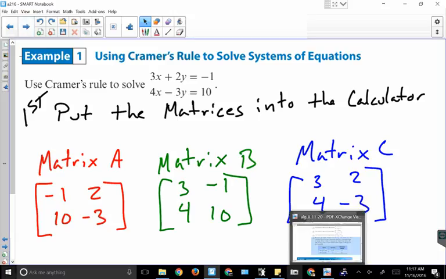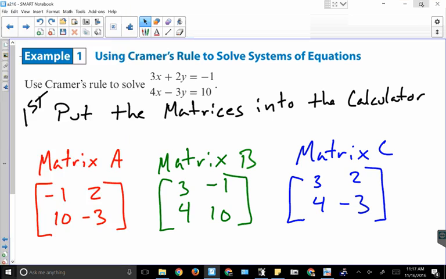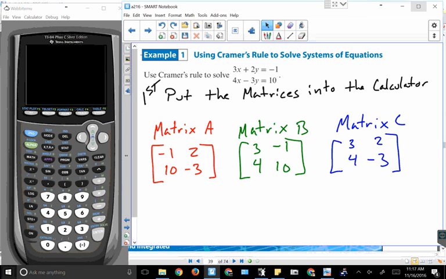So, on your graphing calculator, I would recommend always going through and setting up your matrices first.